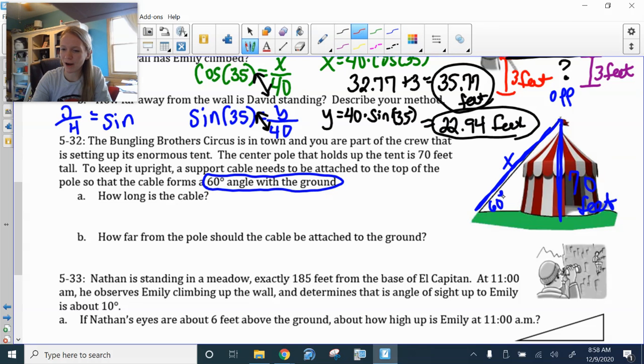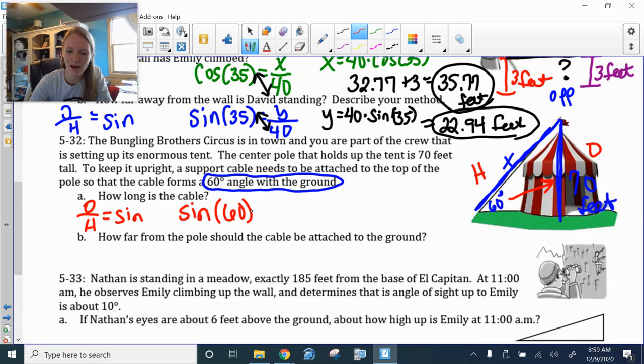So I have from our angle, our opposite, and we're looking for the cable, which is our hypotenuse. So here again, it's just another sine problem. So I'm going to do sine of my angle equals my opposite over the hypotenuse. This time, if I try to cross multiply, x doesn't go with the 70.